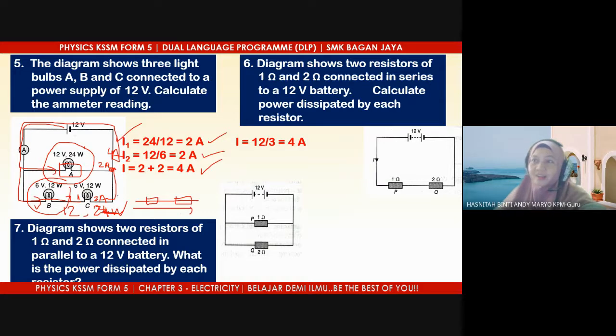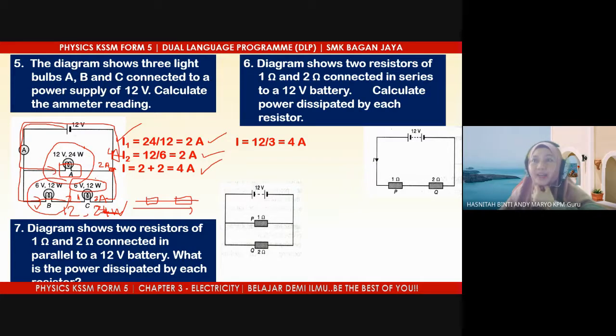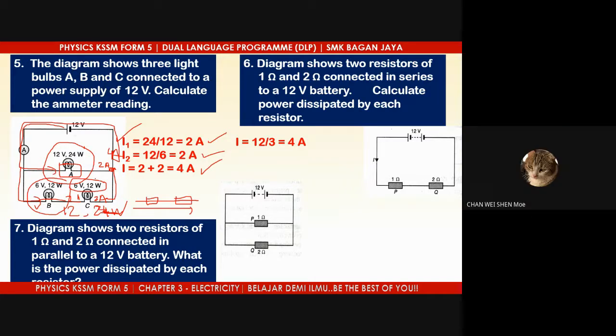In series. So that's why di sini they give you the same power rating, supaya dia punya current yang flow itu sama, means dia operate at normal condition. If in series the current flow is always the same.